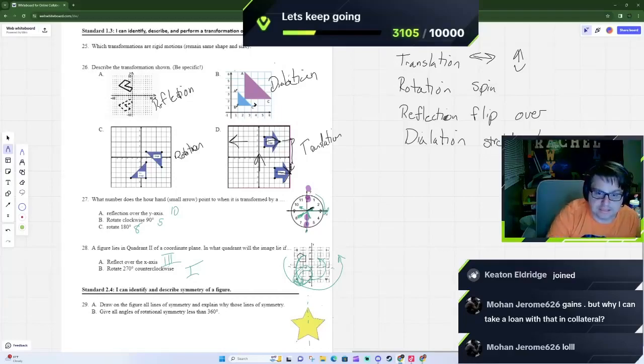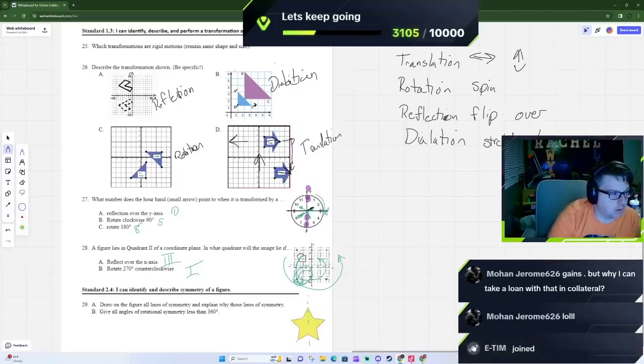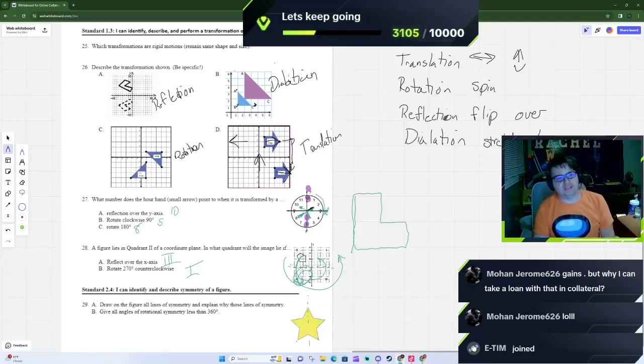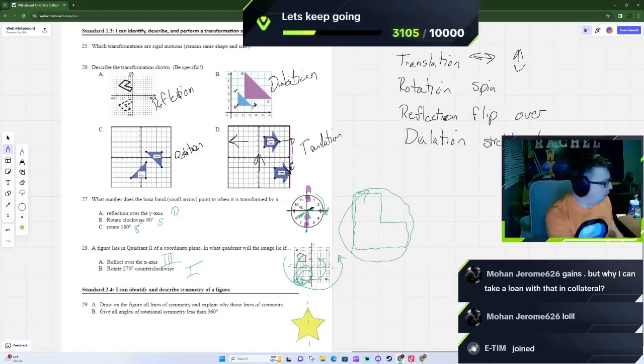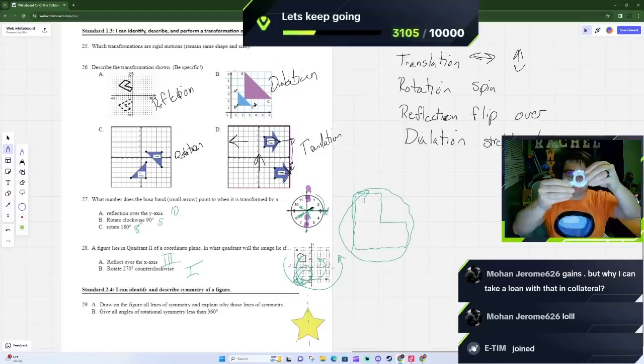Let me make sure I can put it on the phone one as well. Here is a figure where if I spin it, the only way to get it to fall back on itself is to go all the way around my figure back to 360 degrees. The roll of tape is definitely a good example of this.